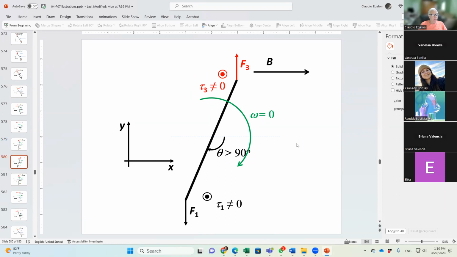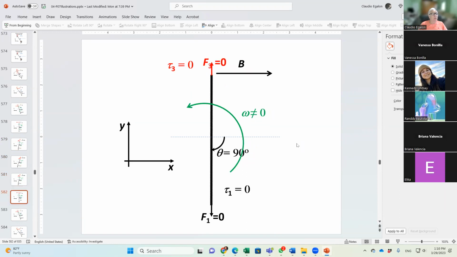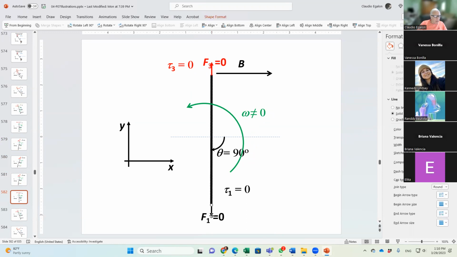So the loop is going to decelerate. It's going to reach maximum amplitude at omega equal to 0. And because we still have a torque, but angular velocity equal to 0, the loop is going to bounce back. At this position, force equal to 0.